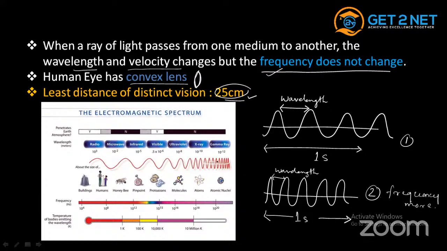And when we move left, the frequency is less, wavelength is more. So the gamma rays have the highest frequency and the lowest wavelength. Wavelength and frequency are inversely proportional. If one is more, the other will be less. So gamma rays have the highest frequency.